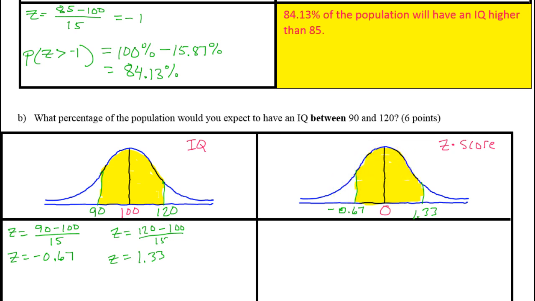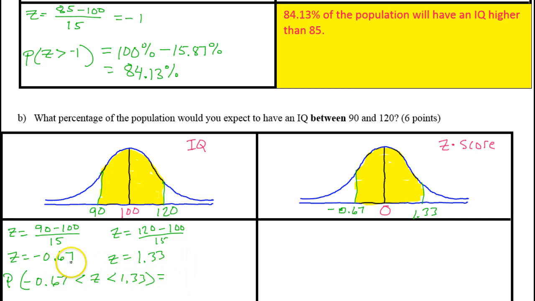Okay, so in other words, we want to find the percentage of z-scores between these two. Now here's how you write between two z-scores. Negative 0.67 is less than z, which is less than 1.33. All right, that's how you do a between.